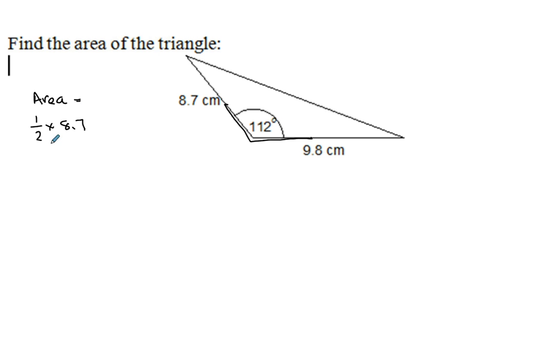So area equals half times 8.7 times 9.8 times sine 112. Out of the calculator, you get 39.5 centimeters squared. As easy as that. As long as you've got your V, everything's just flowing out.